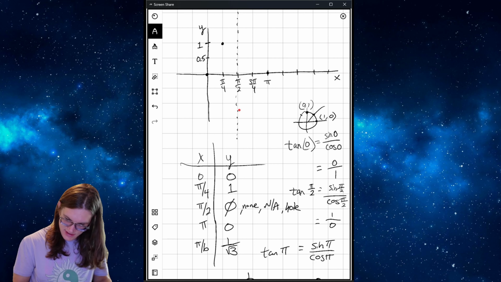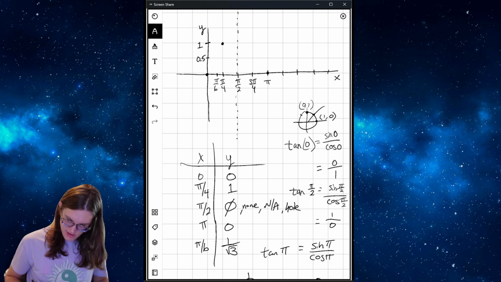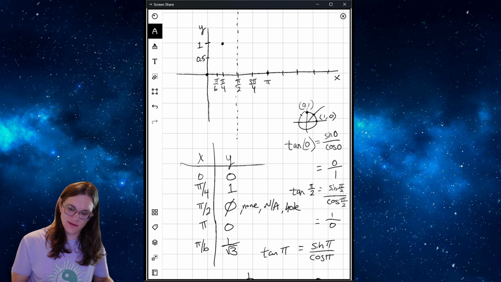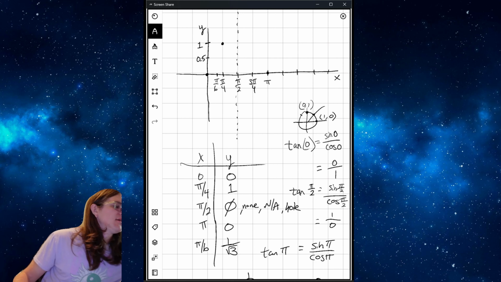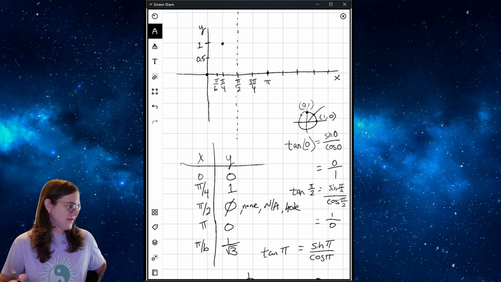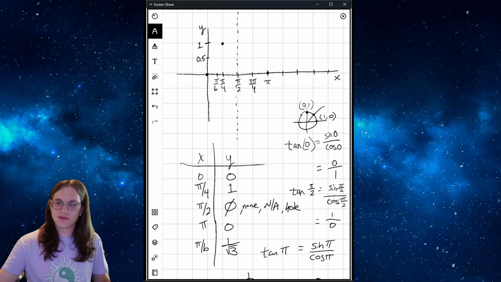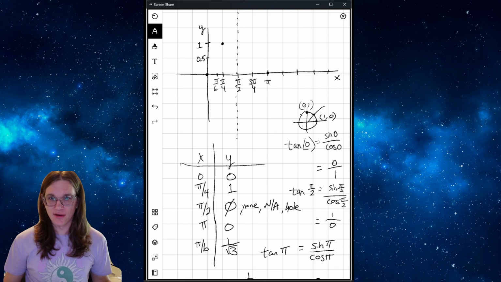Pi over 6 comes before pi over 4, and it's going to be a little bit non-uniform here, but I just want to use the x values that are easy to determine because we're so used to working with pi over 6. Again, you could use a calculator and just go down the line. Maybe I should pull the calculator out. I'll do the calculator on the next graph. But this is the way to do it with your brain and the unit circle and no calculator.